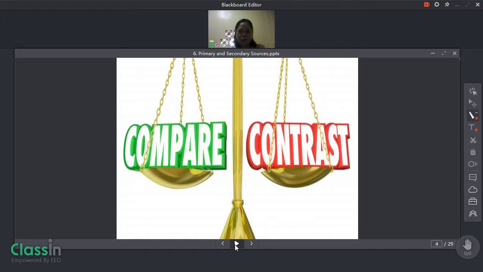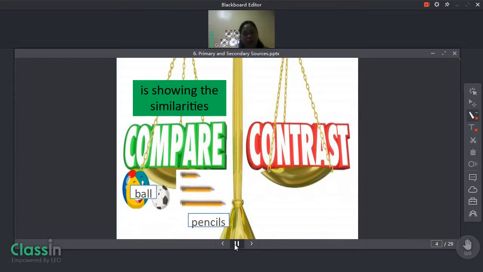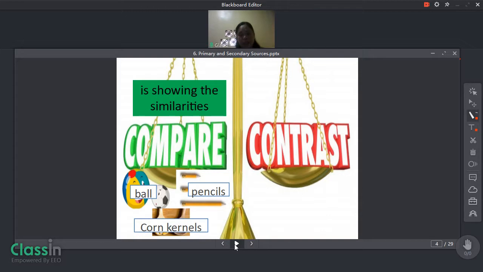So what is compare? When we say compare, we are showing or looking for the similarities of things. Like, for example, the pictures that I showed you a while ago: they are both balls, they are pencils, and they are corn kernels. Those are the similarities of those things.